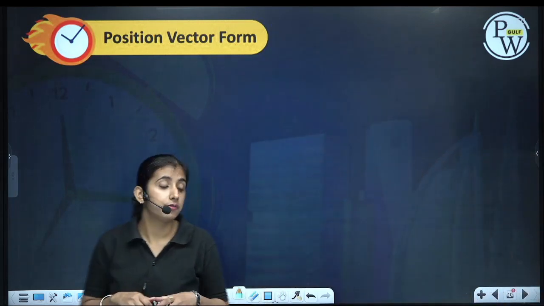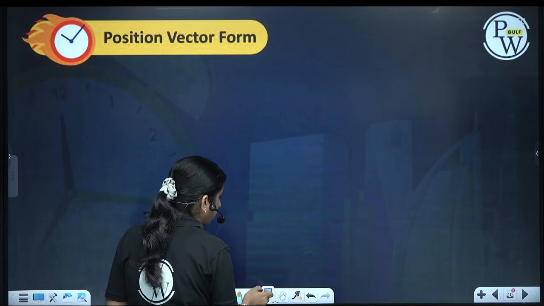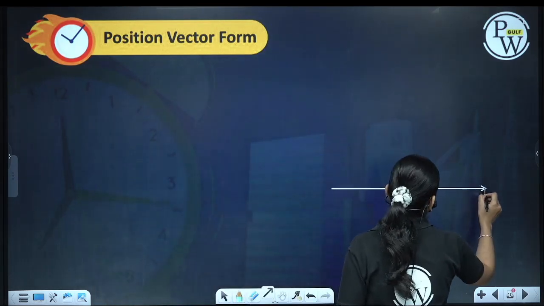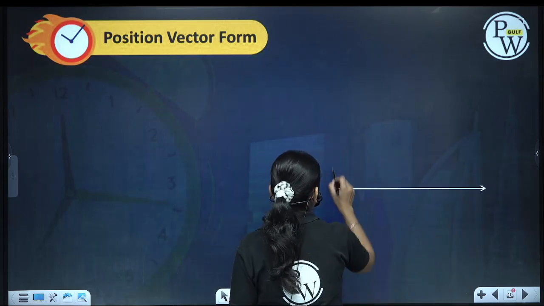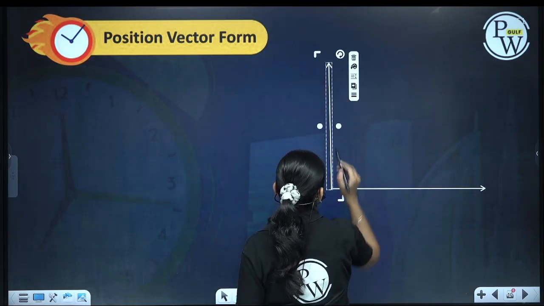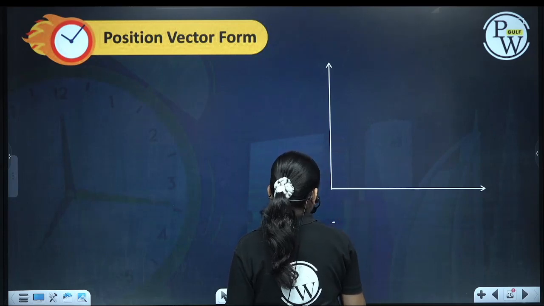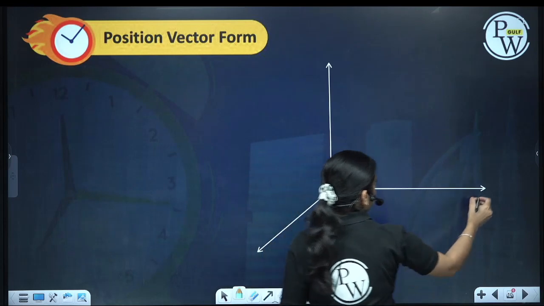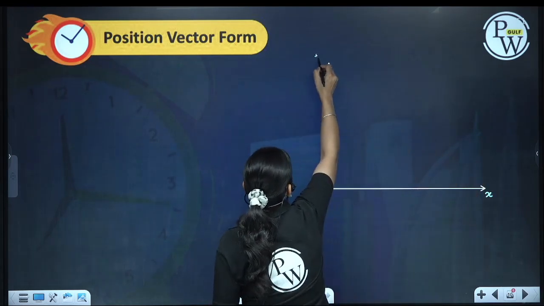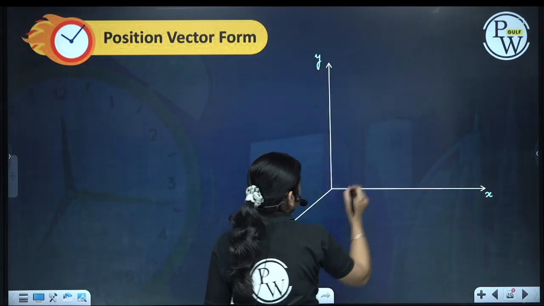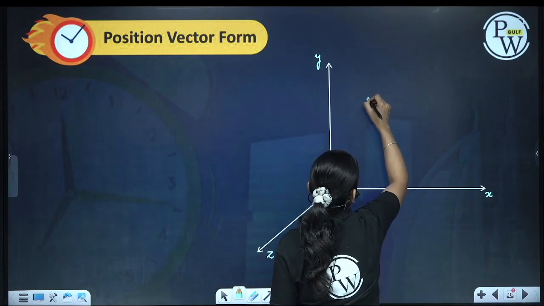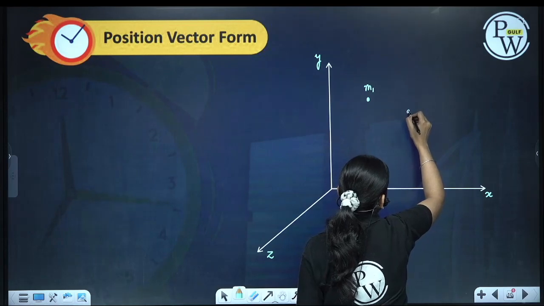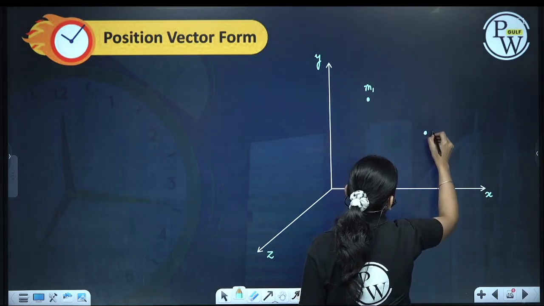Now, if we have an x, y and z coordinate system, and we have a particle of mass m1 over here and m2 over here.